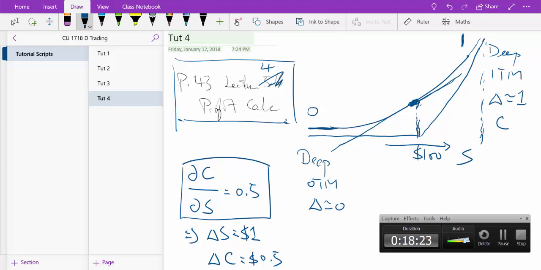And this tangent will change. It's going to go like this. Are you with me?